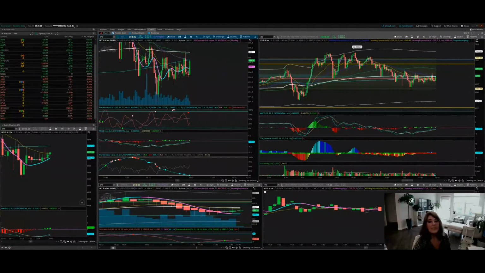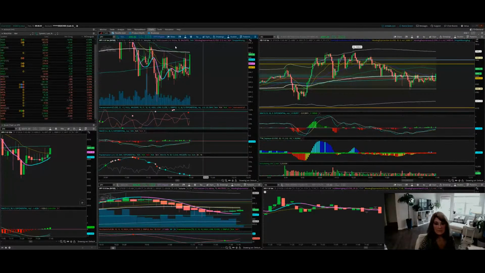Okay. I'll give this a minute. That's a big green candle. So another attempt at recovering the 200, attempt at the VWAP here.